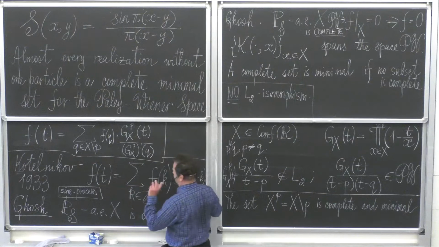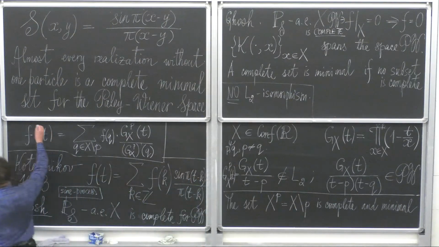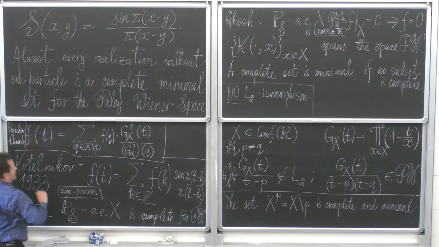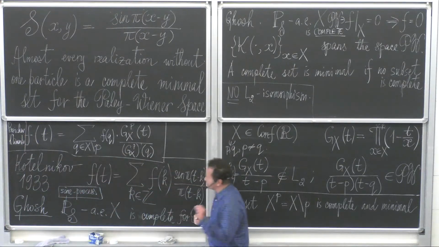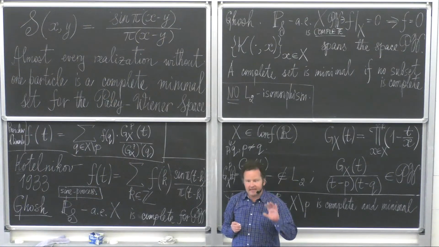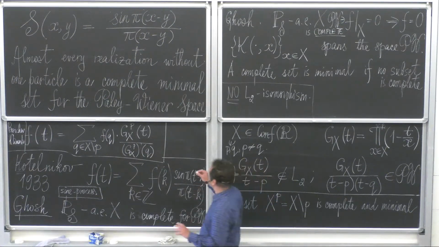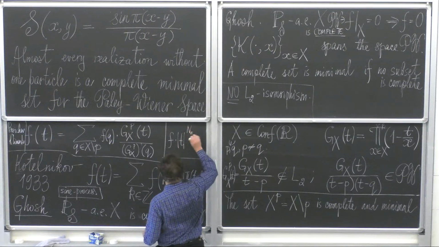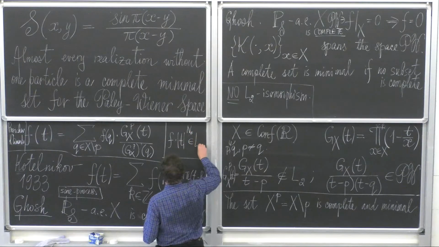But the result is obtained in joint work with Alexander Borichev and Alexei Klimenko. So we do need a relatively strong assumption on f. The assumption we need is that f times t to the power n, some sufficiently large power n, is still in L2.